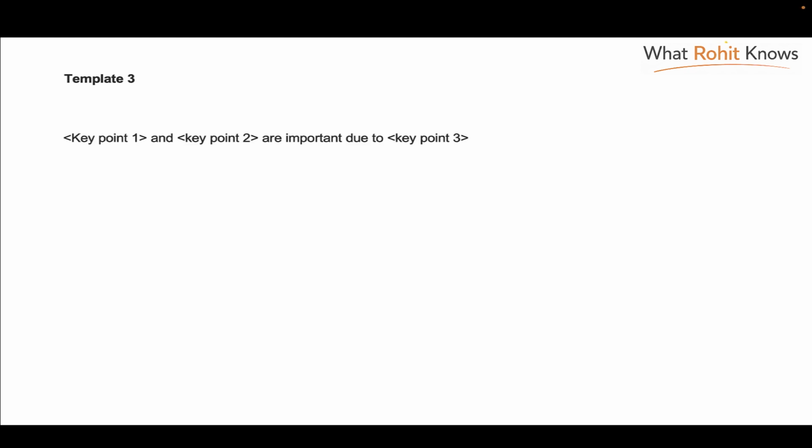The other template which we have: key point 1 and key point 2 are important due to key point 3. So cocoa and Aztecs are important due to use in drinks, currency, and religion. The first key point is cocoa, the second point is Aztecs, and the third point is use in drinks, currency, and religion. Now here, saying cocoa and Aztecs are important is not quite right.